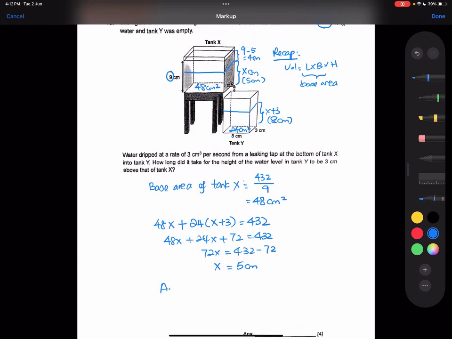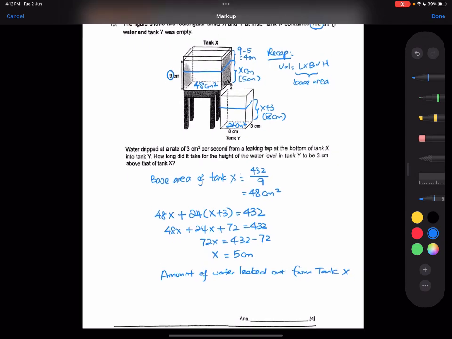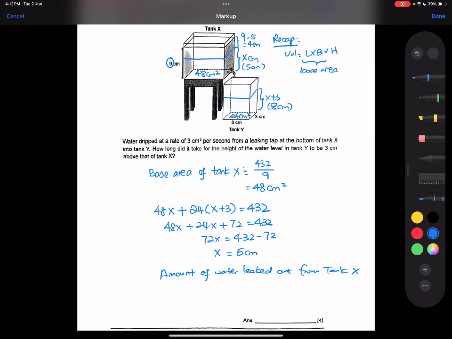Now with that, we can calculate the amount of water leaked out from tank X. We just have to take the base area, which is 48, multiplied by 4 centimeter. There's 192 cubic centimeter of water.